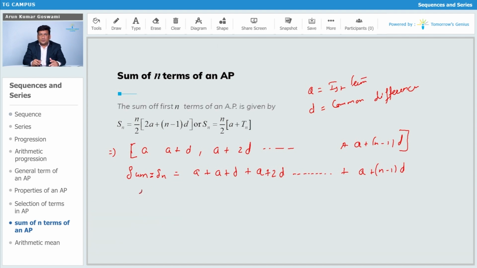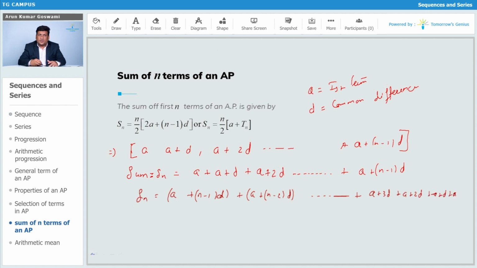So Sn is equal to A, but on the right I'm going to write from the back: A plus n minus 1 into D plus A plus n minus 2 into D, and so on, plus A plus 3D plus A plus 2D plus A plus D plus A.